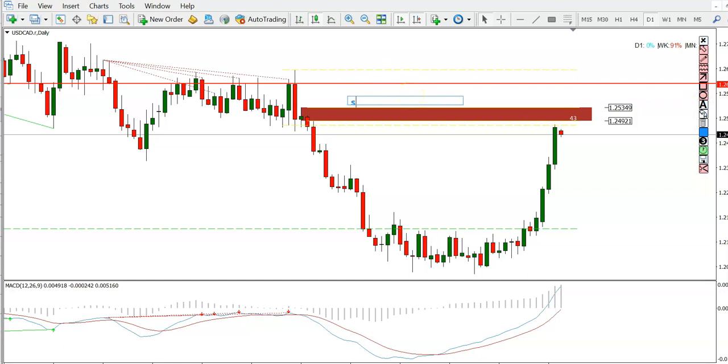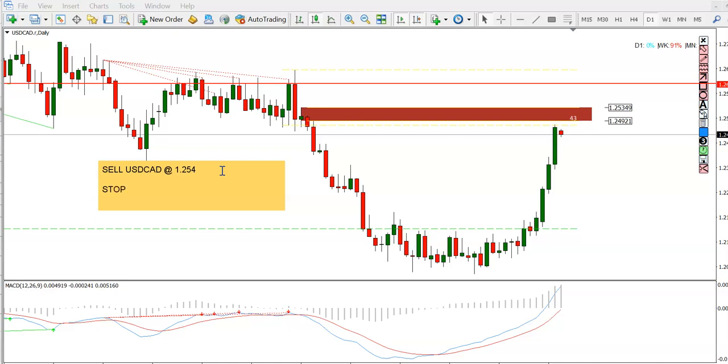So it's a sell. Sell USD CAD at 125.400.